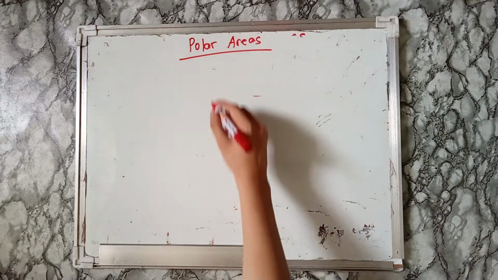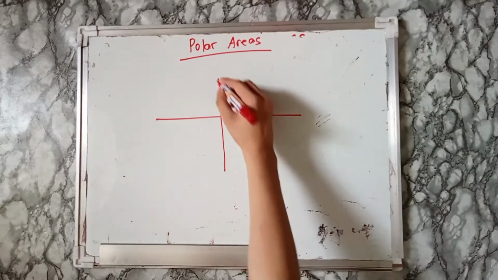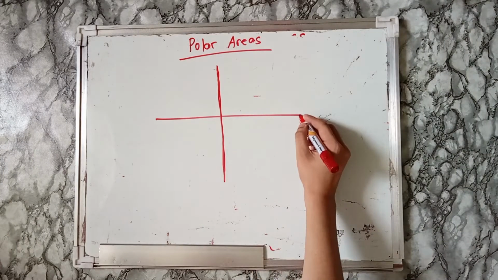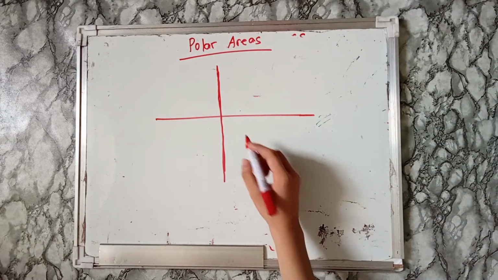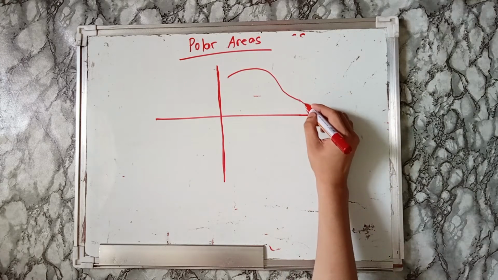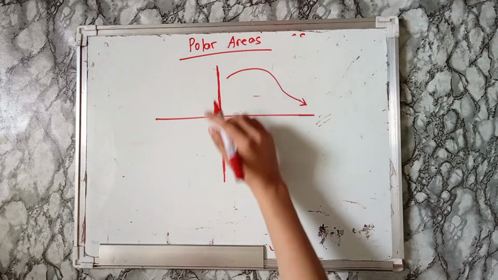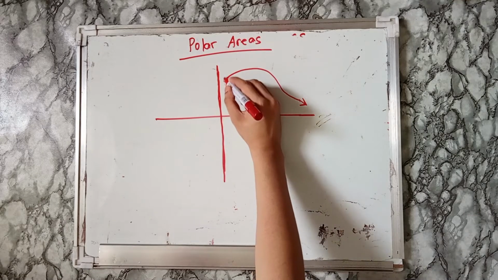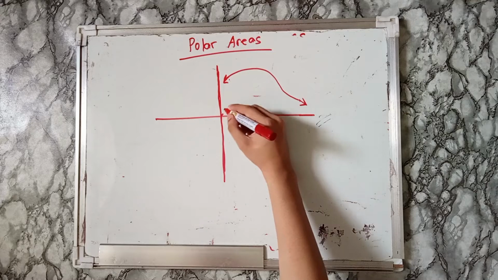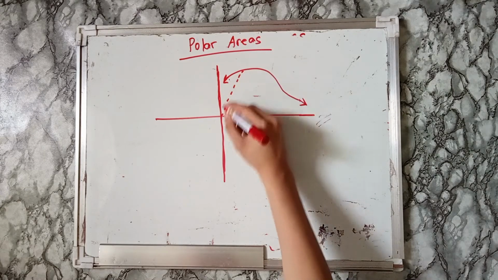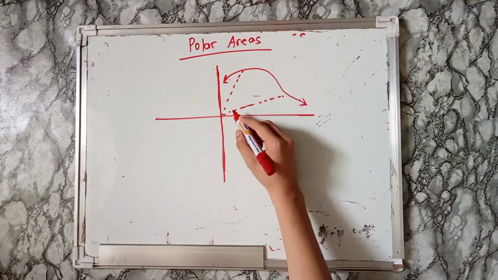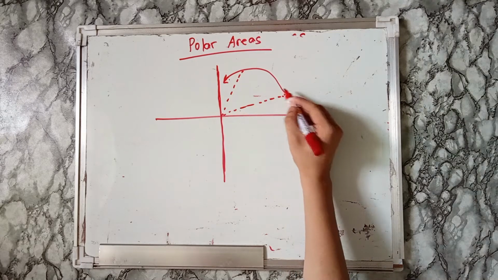Let's draw a graph first. Let's say we have something like this, and this is our area of interest.